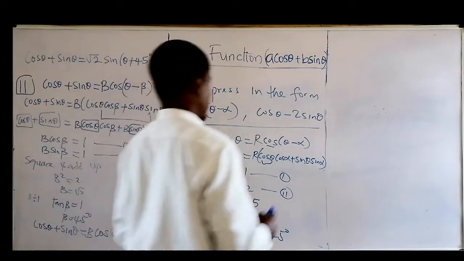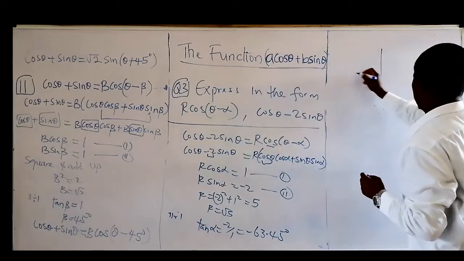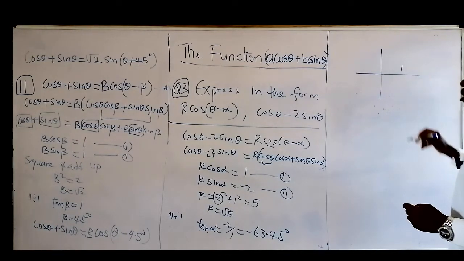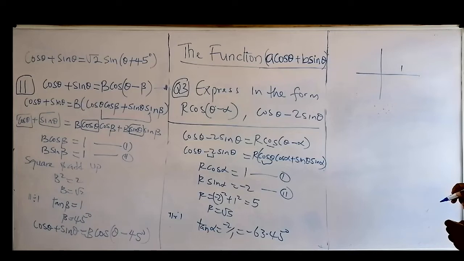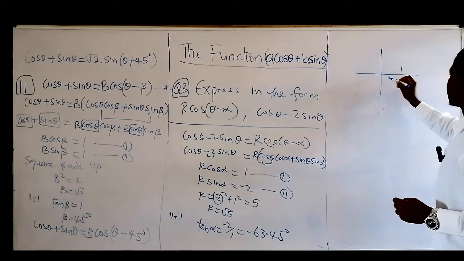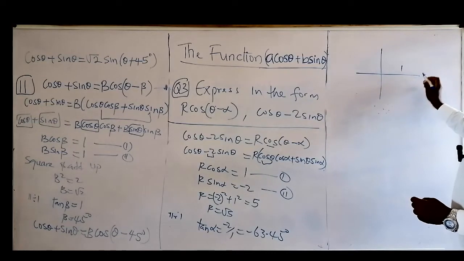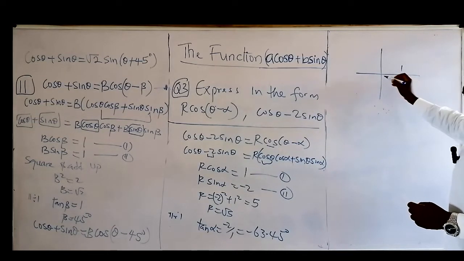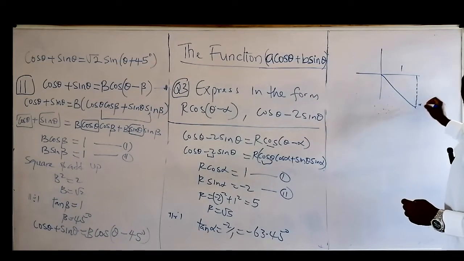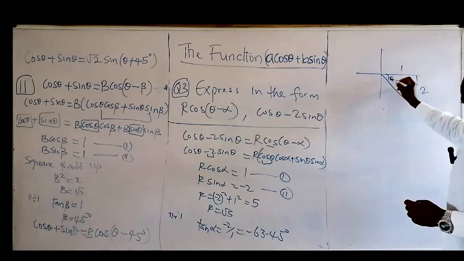So that's that, and we can use this method also. The horizontal is positive, that's 1, the coefficient. Then the vertical is negative. That means when x is 1, y is minus 2. So this is the theta.